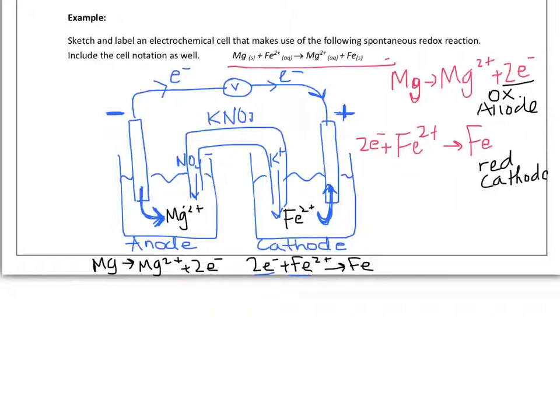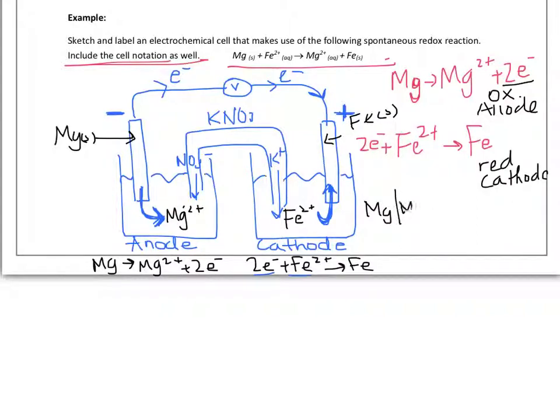If we were to write out the cell notation as well, this is how it would look. Remember, we start off with the electrode in the anode, and I should have labeled that before we moved on. So this electrode here is Mg solid, and this electrode here is Fe solid. To write out the cell notation, we start off with the anode, which is Mg, straight line.